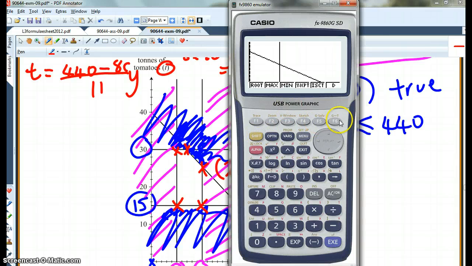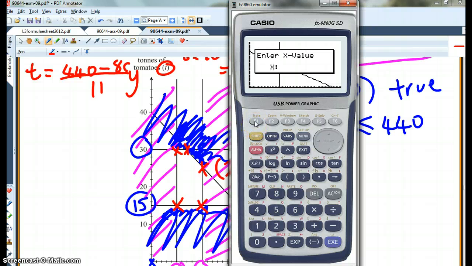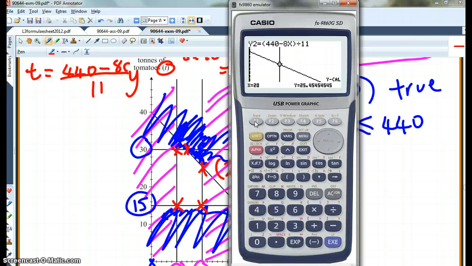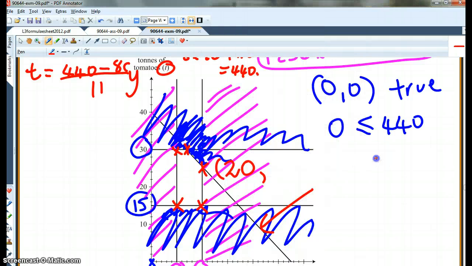Shift, G-solve, do a y calc, enter x value of 20. I don't know why it didn't before. So 25.45. Weird. Maybe it's because they're two different types, I don't know.